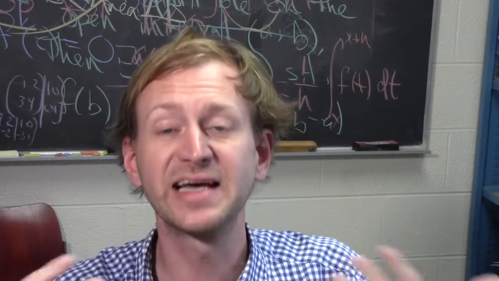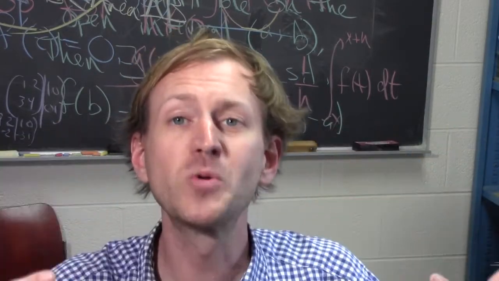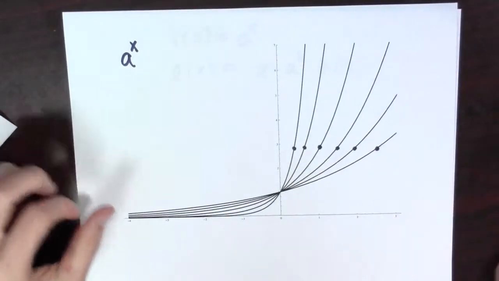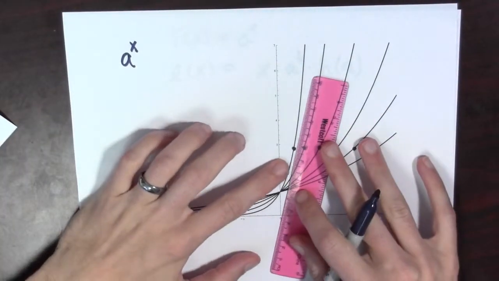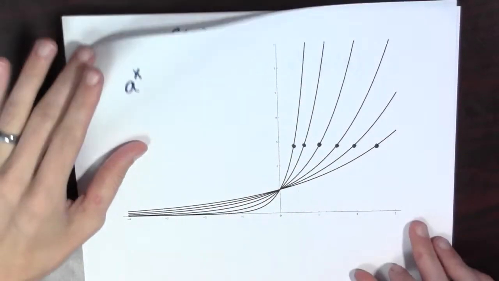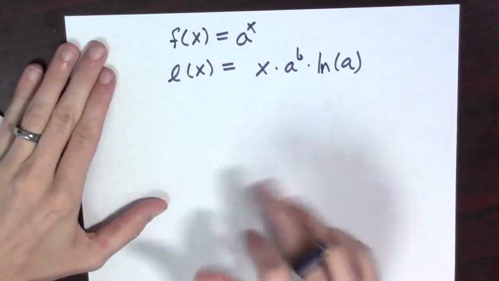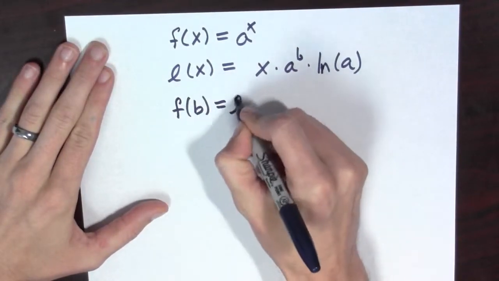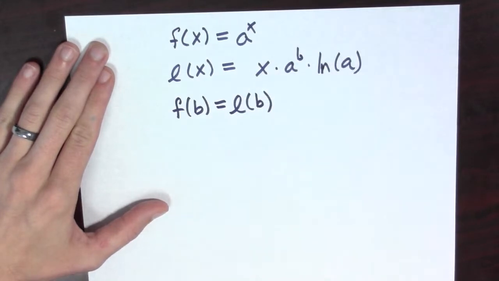Okay, we have the tangent lines, but how do we get the y values? We need our line to agree with the curve at the point of tangency. That means we need f of b to equal our line evaluated at b.